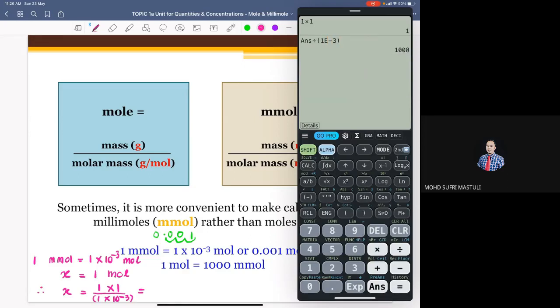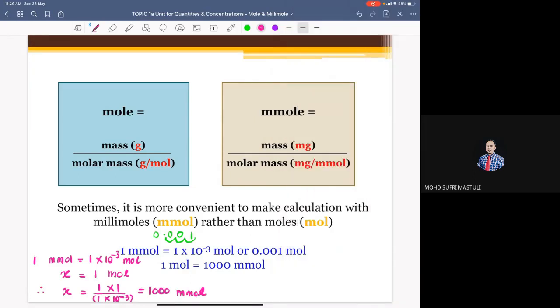So you get 1000 millimole. Okay, so 1 mole is equivalent to 1000 millimole.